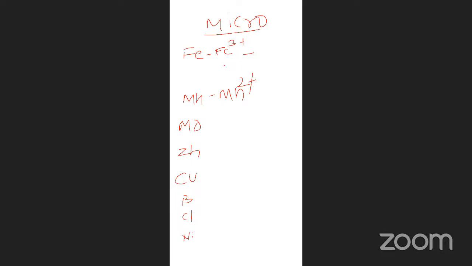Most important deficiency symptom of manganese, what is given? Gray spot, is that given? Right. So loss of manganese leads to chlorosis first, and then gray speck.